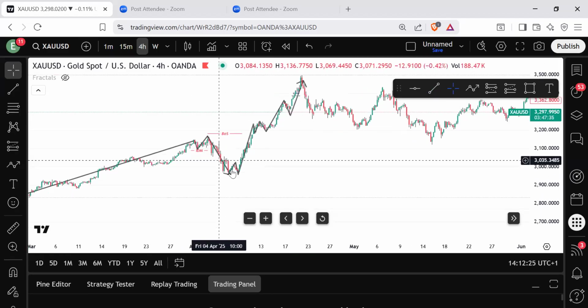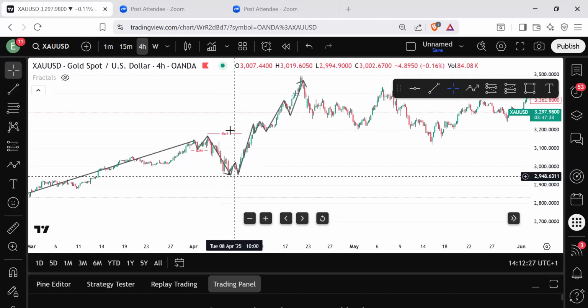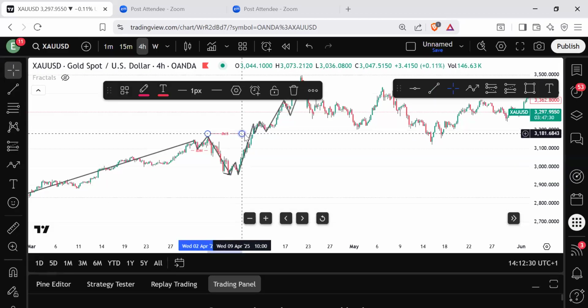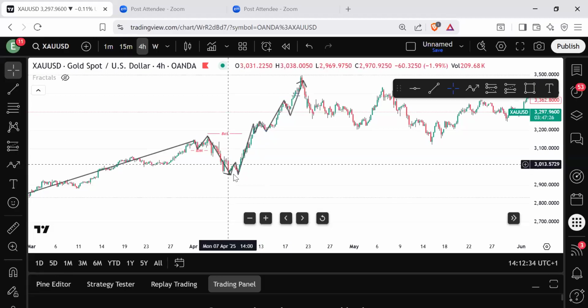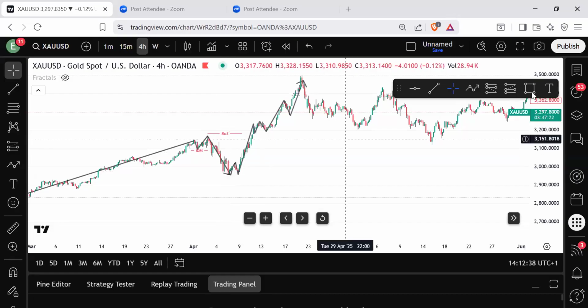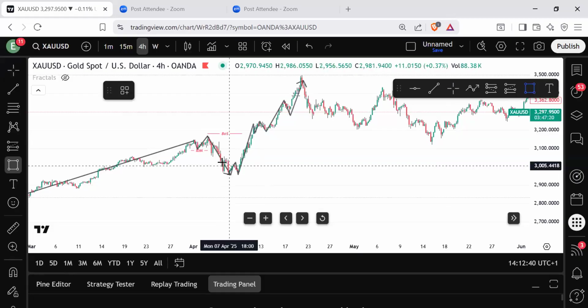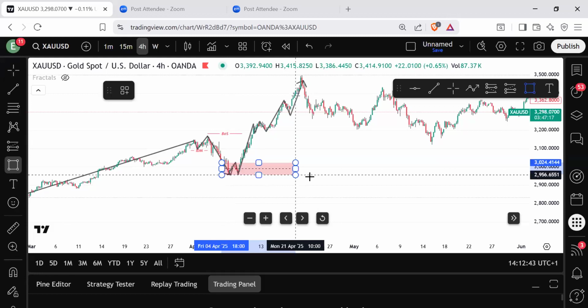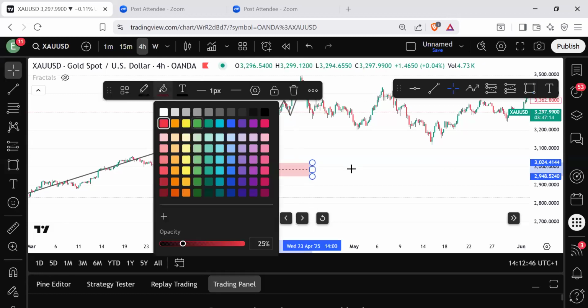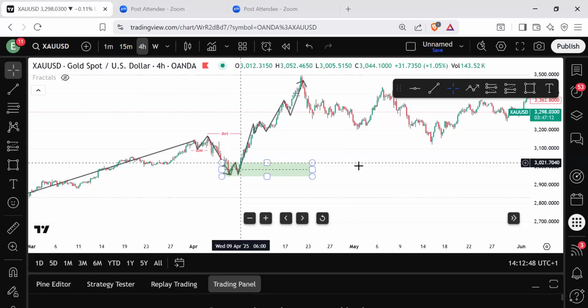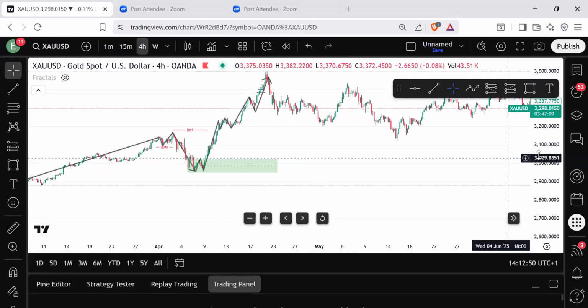That's the number one rule. It started from this place after this correction, the point where the continuation started from. That's the zone we will be looking at.